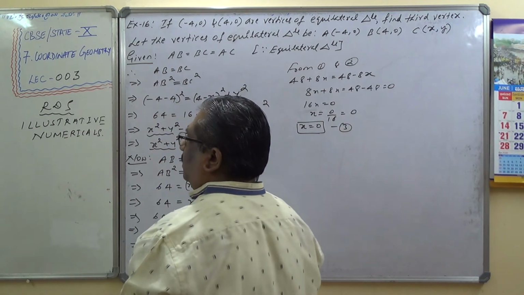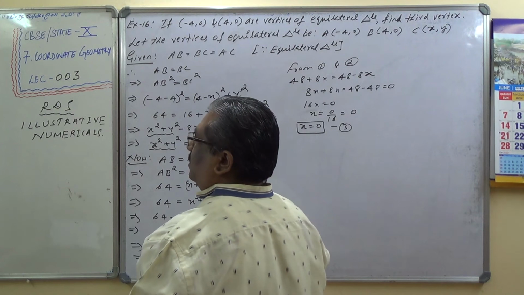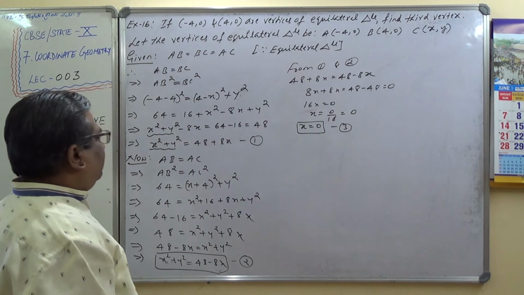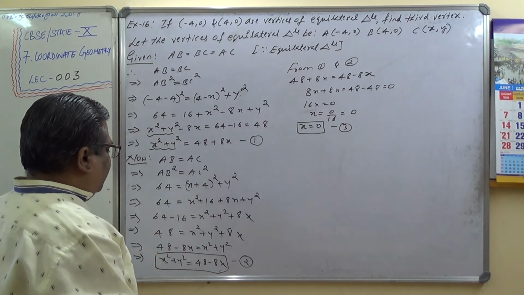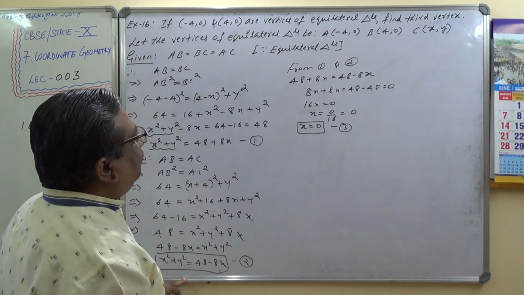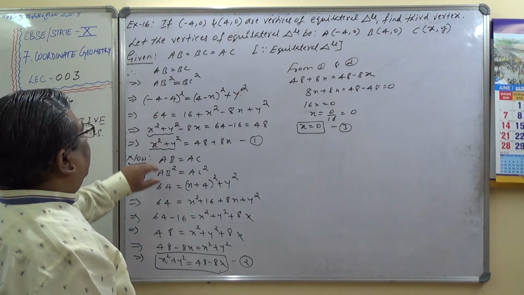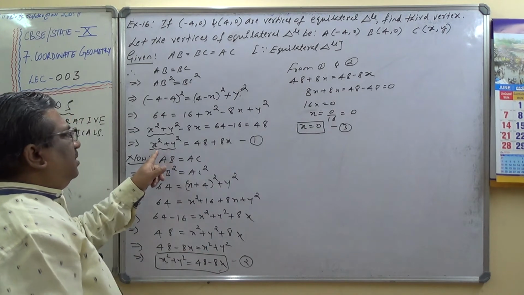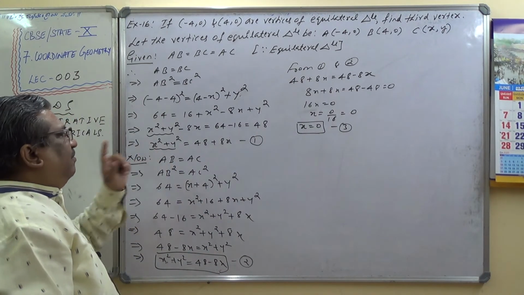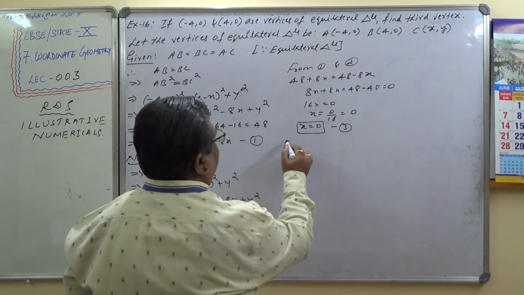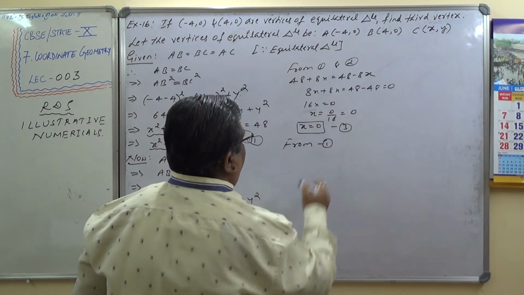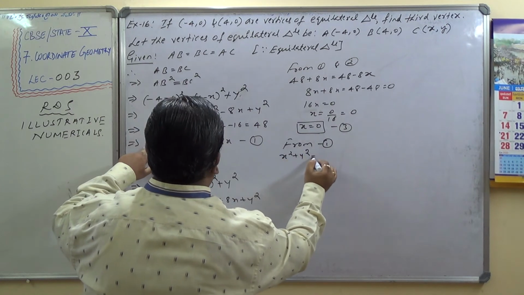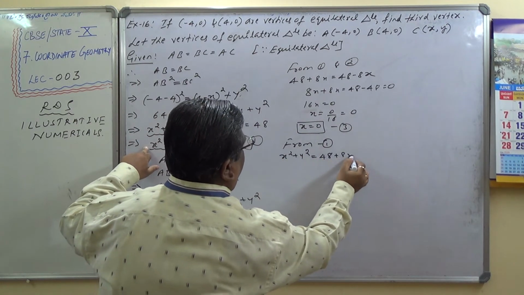Let's see. Yes, x is 0, correct. Substitute anywhere. You can take any one, either 1 or 2. Substitute the value of x, get the value of y. I'll take 1. From 1, x square plus y square is equal to 48 plus 8x.